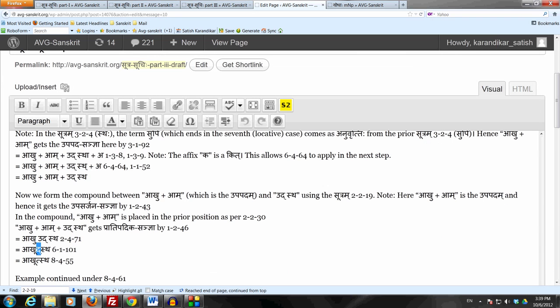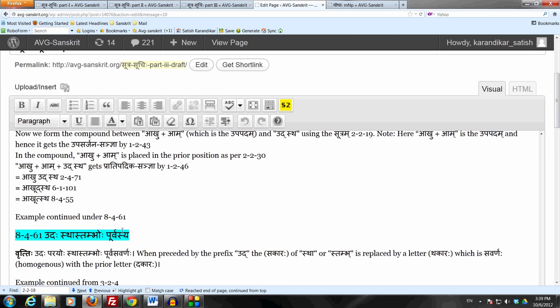Now to complete this form, we require one more sandhi rule, which we have not studied so far. It's an important sandhi rule, but we need to look at it now because we cannot complete this form without performing the operation prescribed by 8461, udasthastambhoho purvasya.